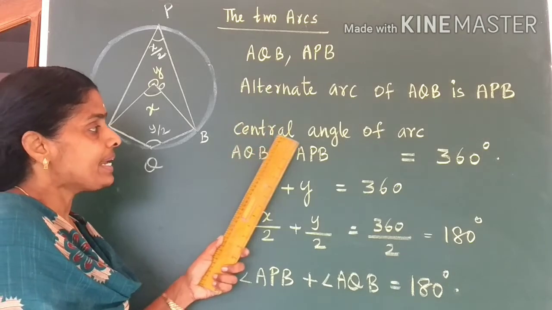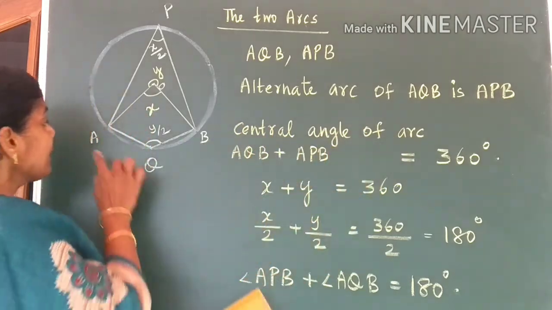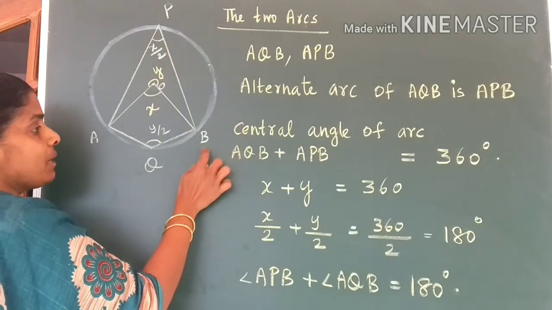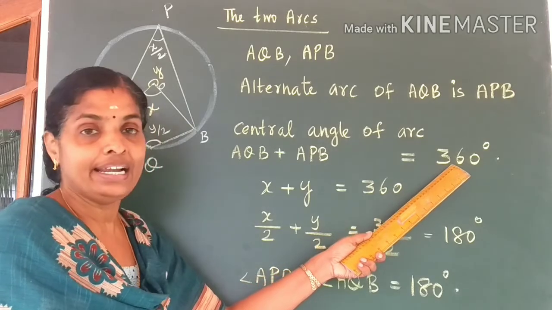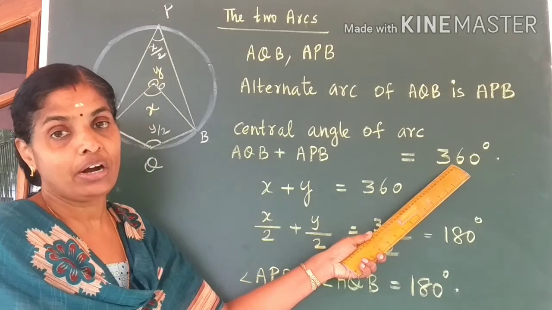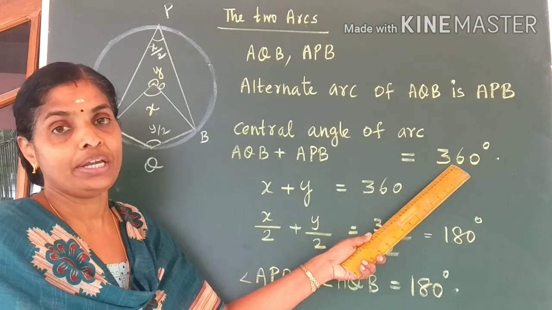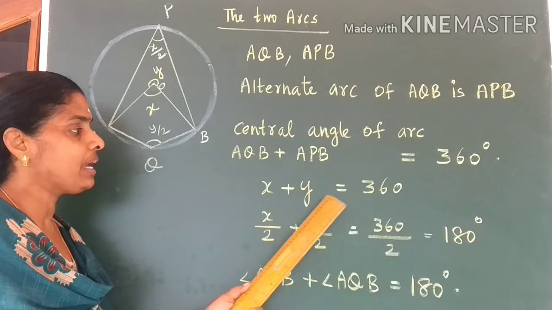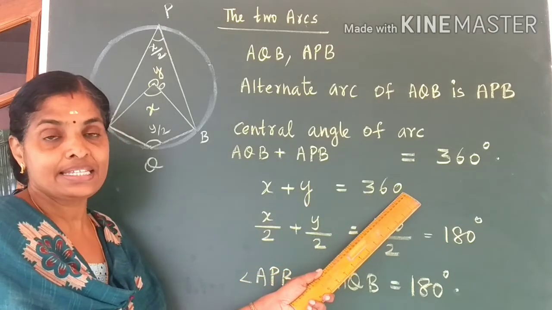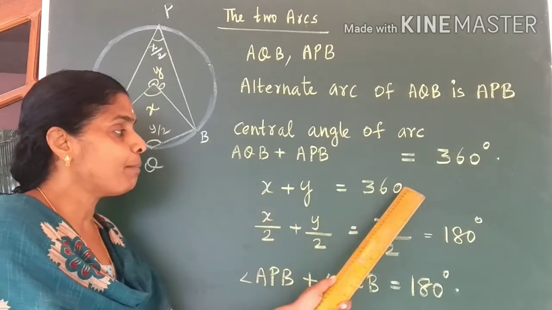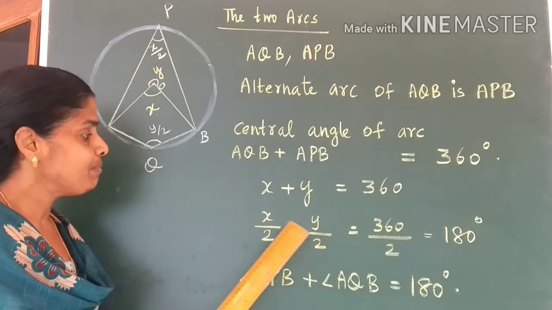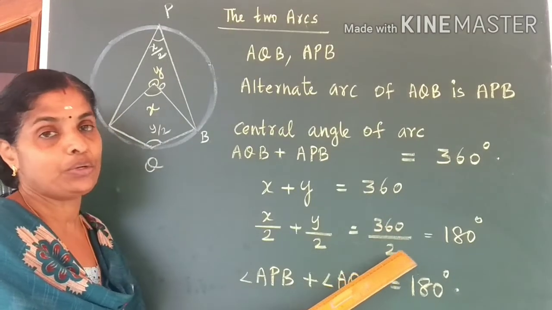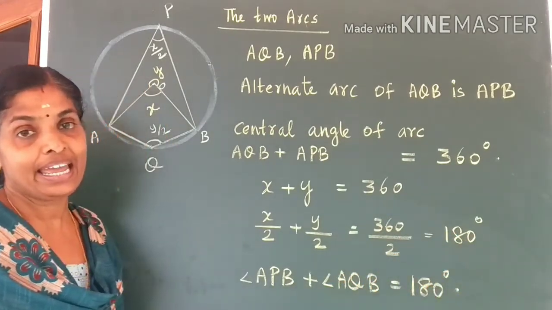Now you know central angle of arc AQB plus arc APB is equal to 360 degree. It is because angle around a point is equal to 360. So I can write x plus y is equal to 360 degree. If you divide it by 2, what do you get? x by 2 plus y by 2 is equal to 360 by 2, which is equal to 180 degree.